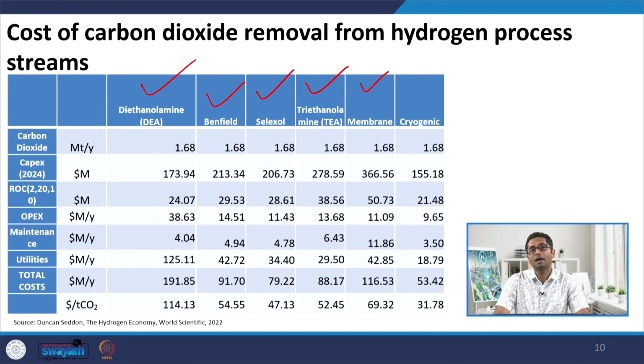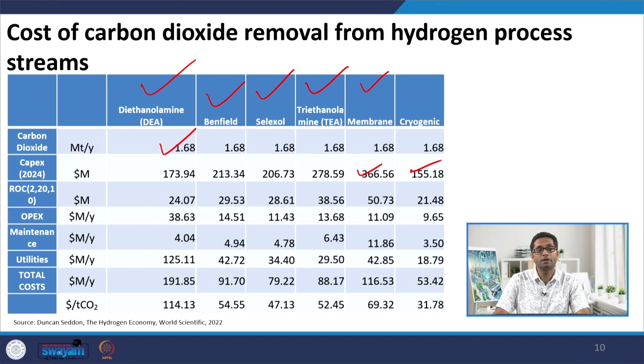Again, let us try to look at the economics, how that looks like. So if I am talking about a conventional plant which would have roughly 1.6 or 1.7 million tons of CO2 in the gas that is coming in, the capex for these technologies could vary somewhere between 150 to 300 million dollars.